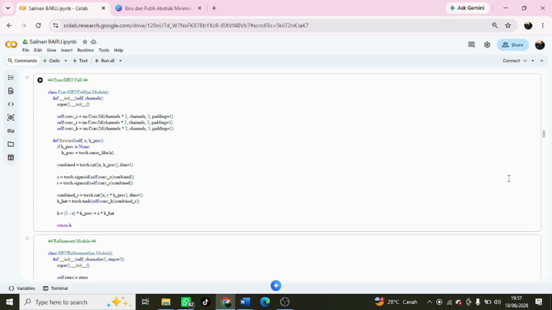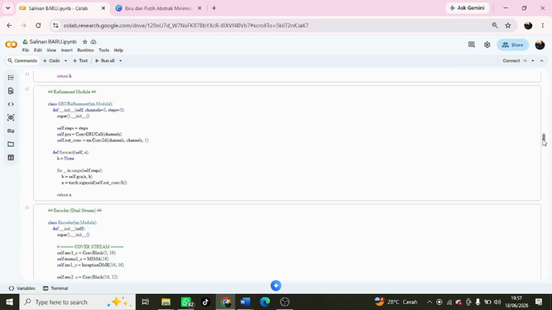The final module in this section is GRU refinement. This module is used to refine the stego image generated in the previous layer. In this implementation, the refinement process is performed over 3 iterations or steps. In each iteration, the features are reprocessed by conv-GRU to produce a better representation.